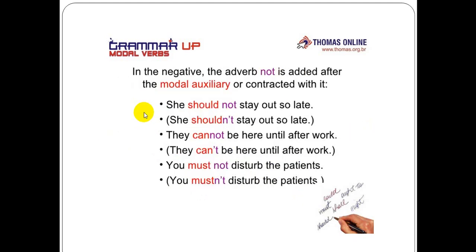In the negative, when we want to negate, the adverb not is added after the modal auxiliary or contracted with it. What we mean by contracted is that we shorten it. For example: she should not stay out so late. We add the adverb not to make negatives, or she shouldn't, which is the contraction.